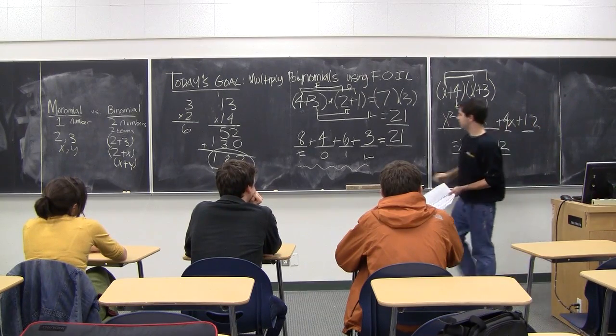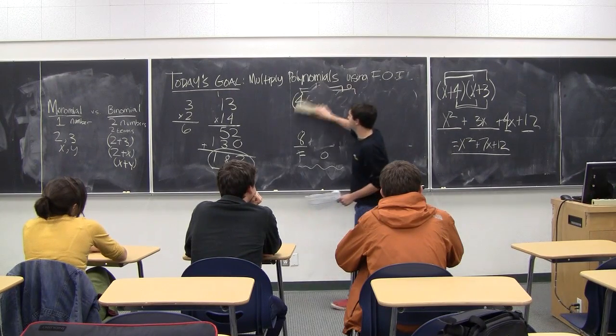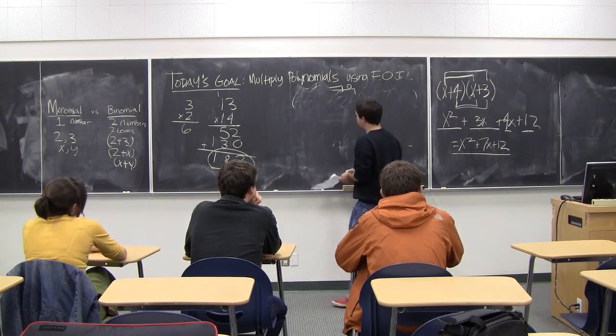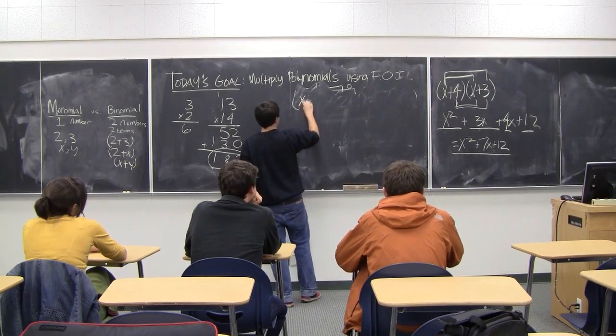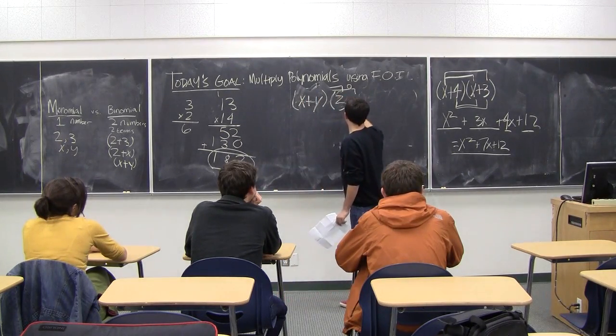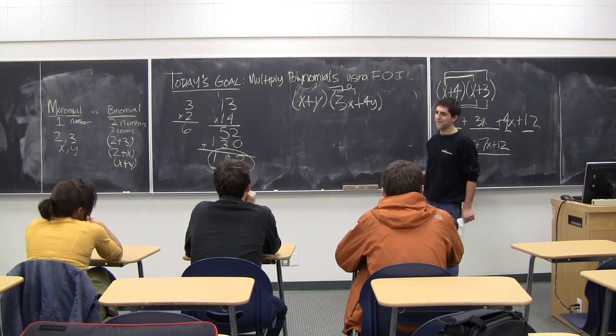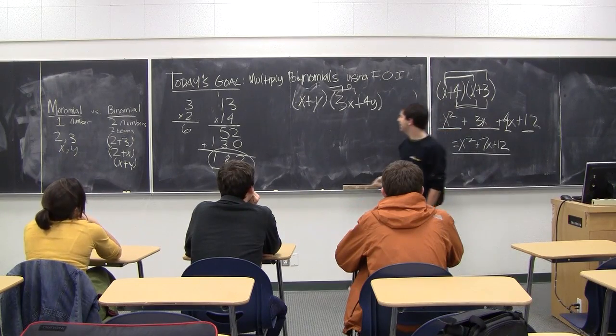So to finish up, we're going to do a challenge problem where we have two variables in each binomial. So let's say we had x plus y times 3x plus 4y. Can anyone tell me the first step? Multiply 3x times x to get 3x squared.